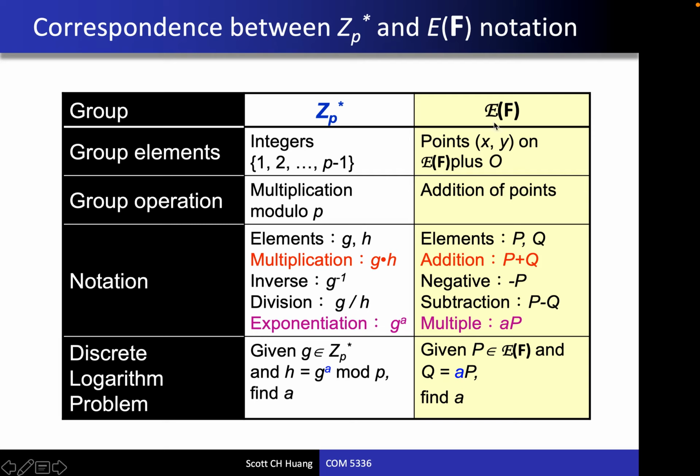So the group Zp star, the group elements 1, 2 until p minus 1, will be replaced by the elliptic curve group, E(F). So the group elements are points on the curve plus an additional imaginary point, the point at infinity. For group operations, those numbers multiplied together mod p will now be changed to point addition on the elliptic curve.